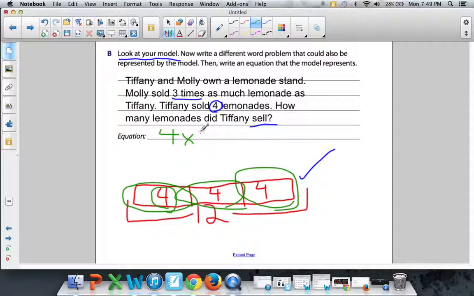So 4 times 3. And if you know anything about multiplication, and please tell me you do, 4 times 3 equals 12.